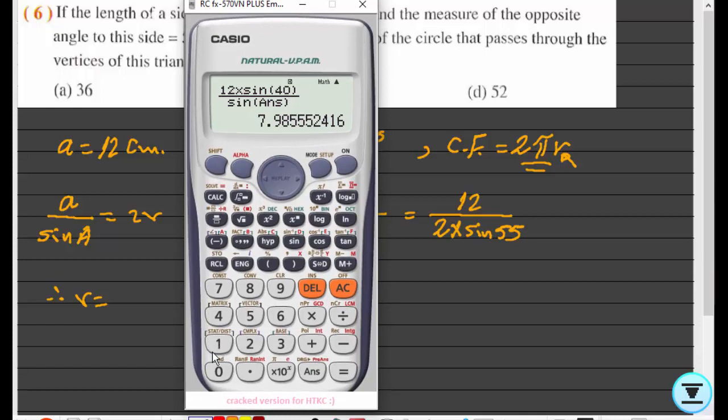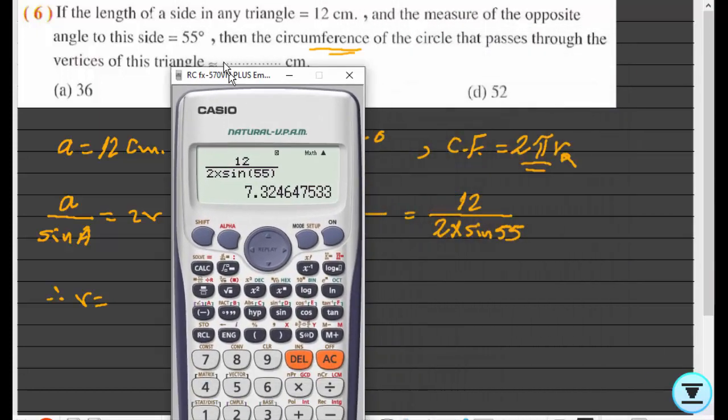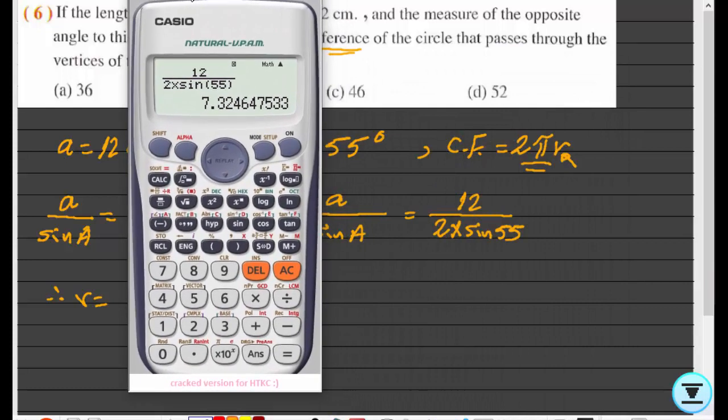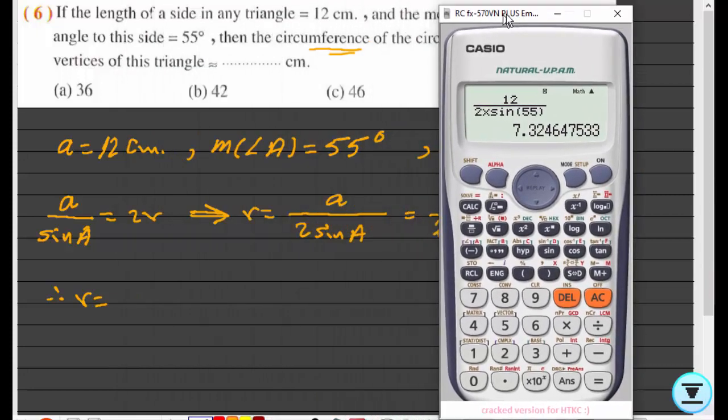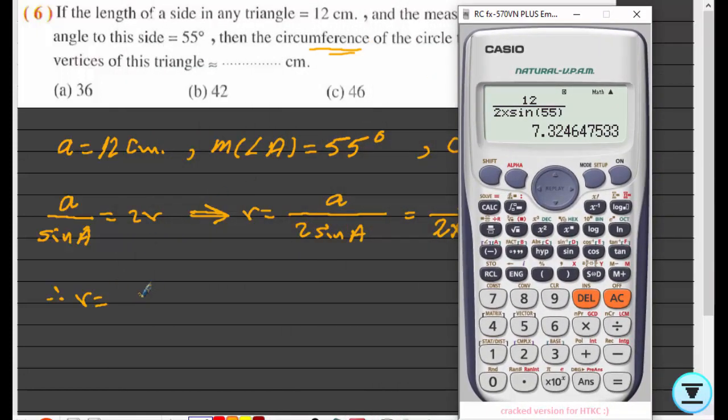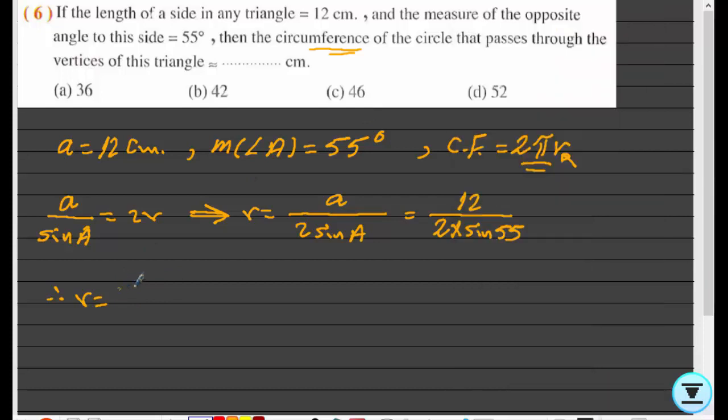Now r equals, back to calculator here, 12 over 2 multiply sine 55, which equals 7.3. It is r. Okay, I'll write it. It is approximately equal to 7.32.